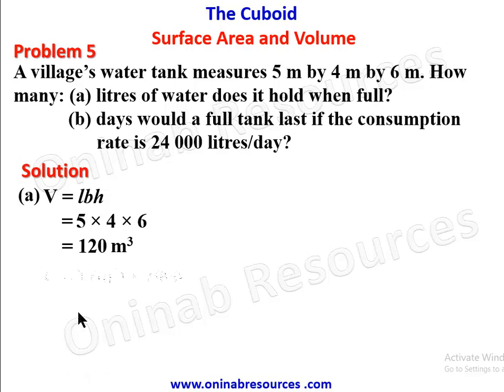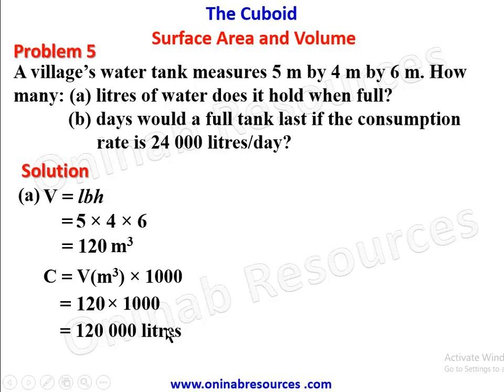And now we calculate the capacity. Since the volume is in cubic meters, we multiply by 1,000. That's 120 times 1,000, which gives 120,000 liters. And that is the liters of water the tank can hold when full.